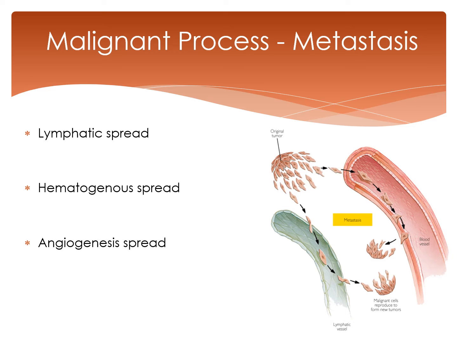Hematogenous spread is malignant cells spreading in the bloodstream, and this is not as common because malignant cells can get damaged in blood vessels. The third is angiogenous spread, which is malignant cells spreading by creating new blood vessels. This helps malignant cells grow by getting nutrients and oxygen in the blood vessels.